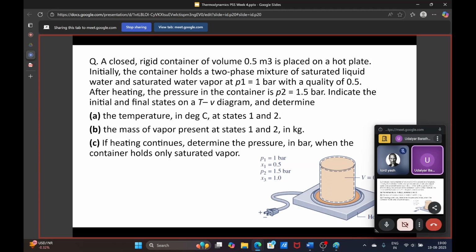That means if you have 1 kg of water, you have 0.5 kg of liquid water and 0.5 kg of water vapor or steam. After heating, the pressure in the container is now 1.5 bar. So we need to show that in a TV diagram and determine the temperature in degrees Celsius at states 1 and 2.